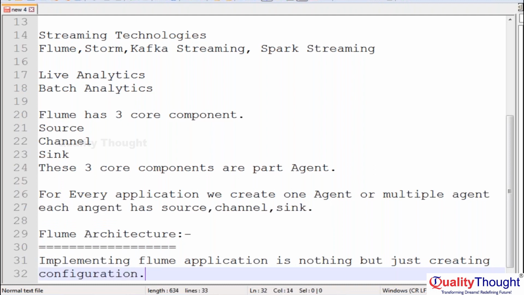It's a simple file, not an XML file, just a .config file. So implementing a Flume application means creating a configuration file.